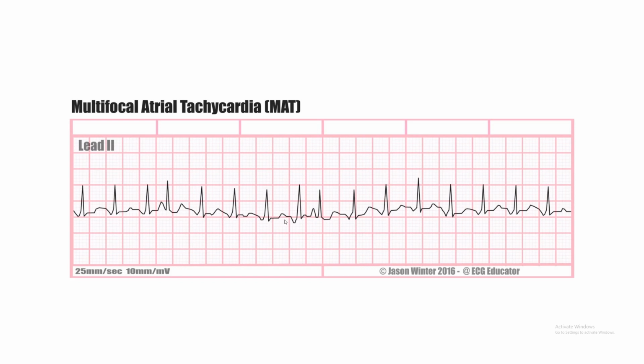Your P wave is going to look very strange, depending on where these foci are located. In order to diagnose multifocal atrial tachycardia, you have to have a variation of 3 different looking P waves in a single EKG strip, and that's how you recognize it.